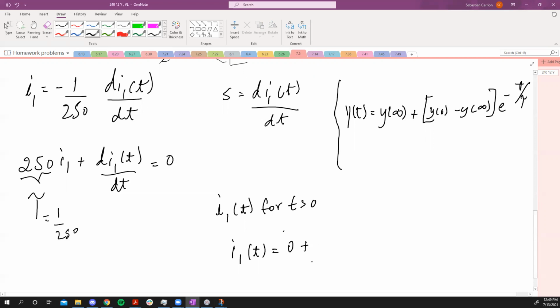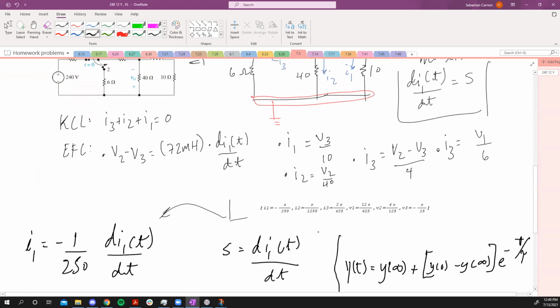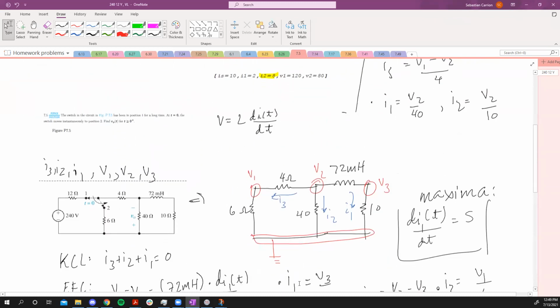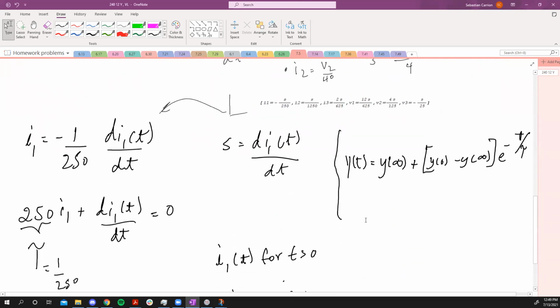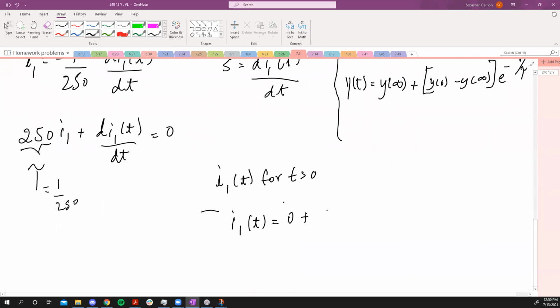At time equals 0, we know that it's 8. And then we got e to the negative t over 1 over 250. So I1t equals 8 e to the negative 250 t, right?